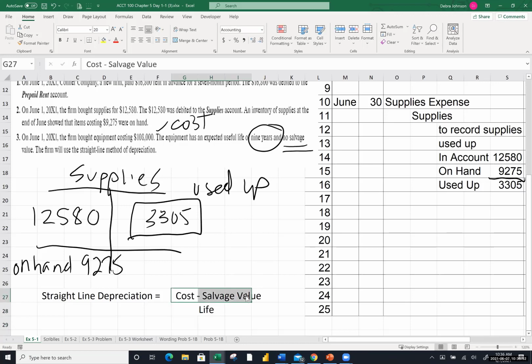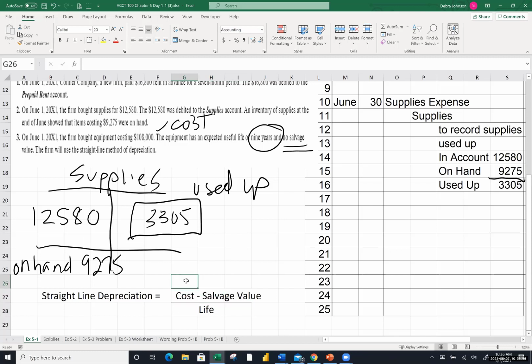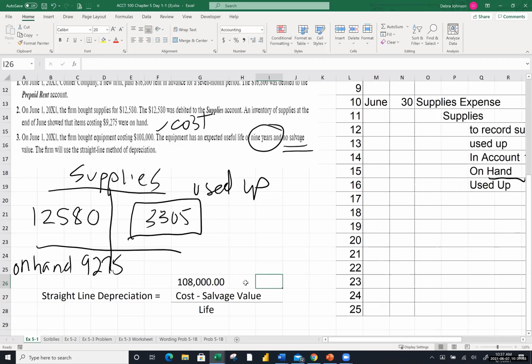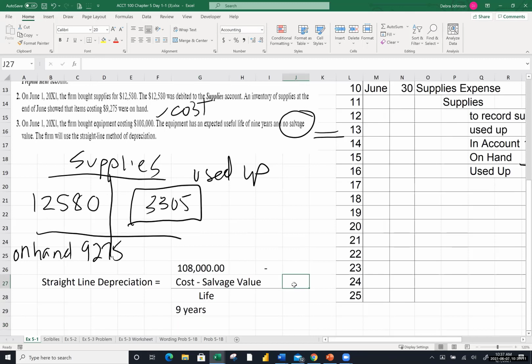And they just gave us the parameters that we need. So on the top, I have my 108,000. My salvage value was 0. And my life was 9 years. So go ahead and pop that into your calculator. What you're left with is 108,000 divided by 9.